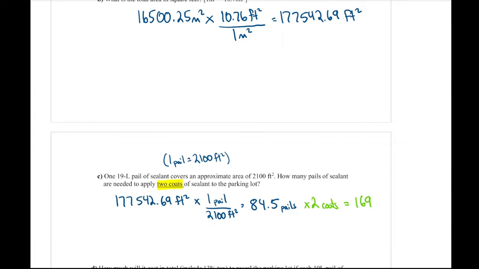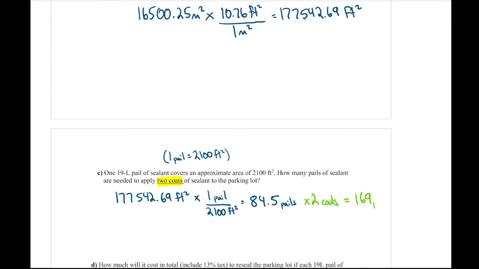If we did round this up, you would say 170 pails. Again, because it's such a small decimal place, this would be fine. If it was slightly larger, I would say round up. But when you see that the decimal place is 0.088, we're using basically 1% of a pail. So I would argue that 169 is okay. So we need 169 pails to apply 2 coats of sealant to our parking lot.